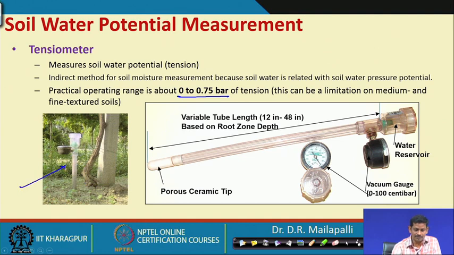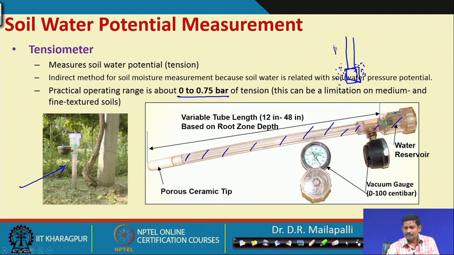So, this picture shows how to install it in the field. How is it going to work? Initially, before installing it in the field, this column is completely filled with water, so it is a complete reservoir. The moment you install it in the field, the soil water which is surrounding the cup, if initially saturated, after a few hours reaches equilibrium.